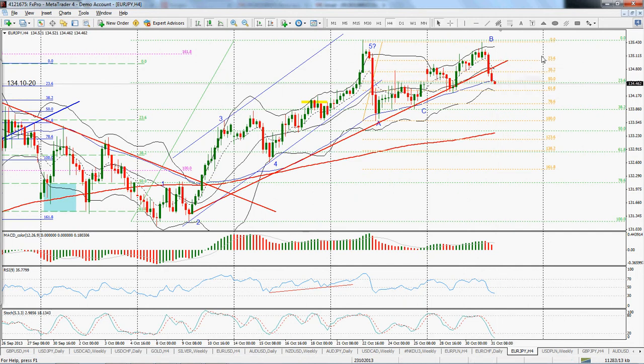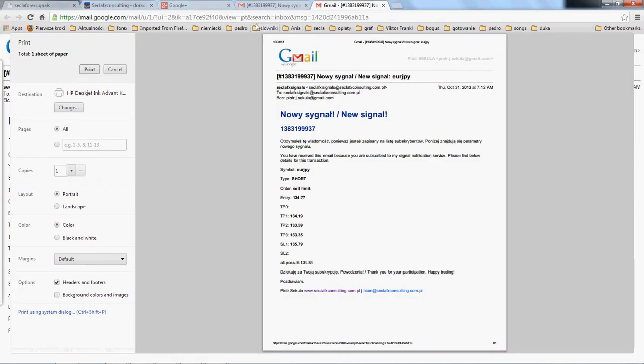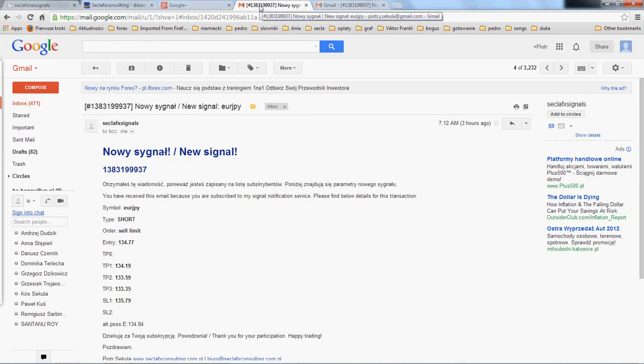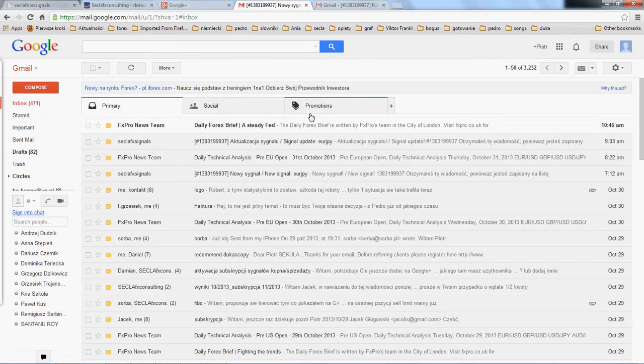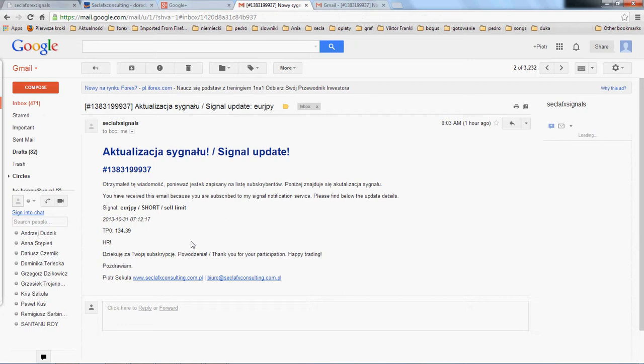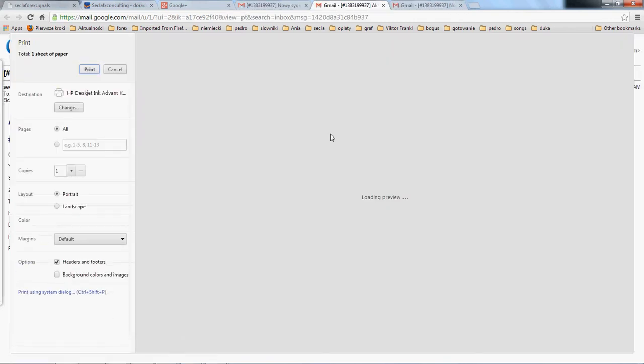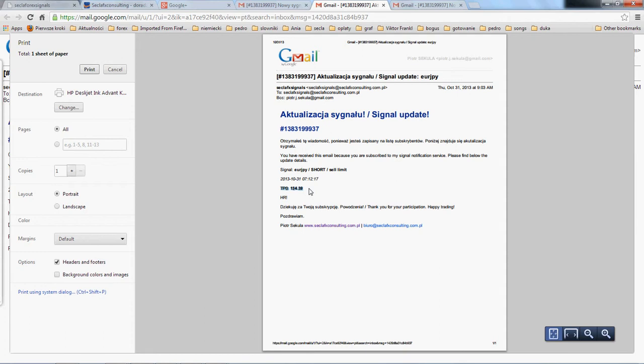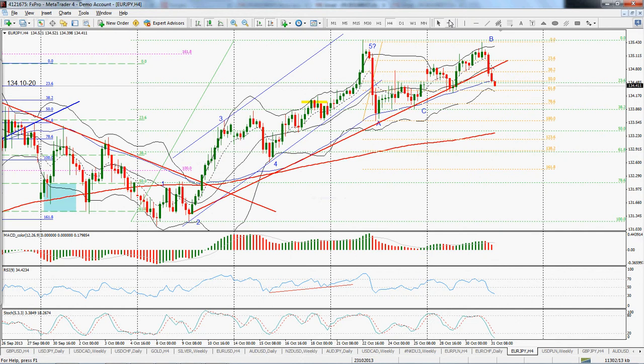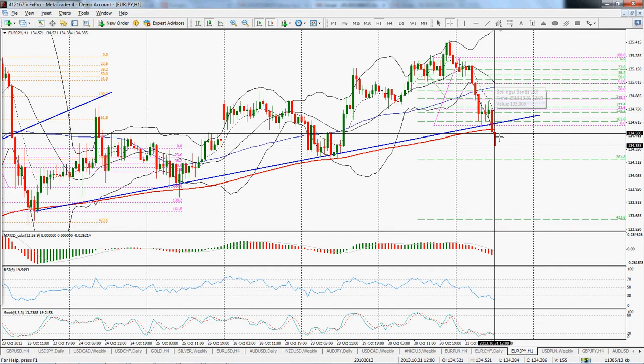It should go to the downside. What I also do sometimes is send an update to a position, and there was an update to this position. I thought it was important to send the TP0, the first take profit level, and I also added HR, higher risk, because I wasn't sure whether this trade would start developing or not.